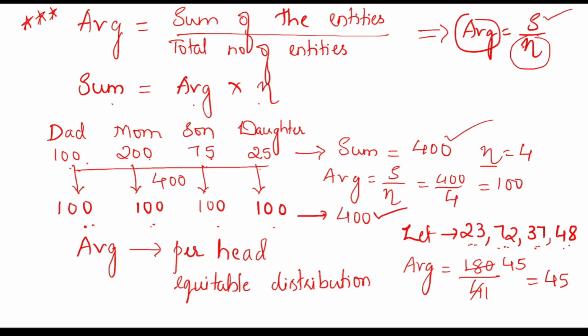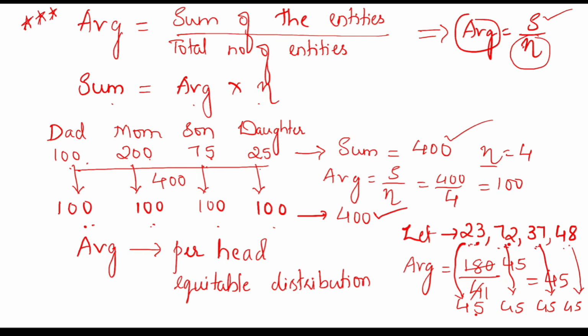Now I can say that 45 is divided among the 4 entities. So now each will have 45, 45, 45 and 45. Now 23 became 45, 72 became 45, 37 became 45 and 48 became 45. That is, 45 is divided equally among these 4 entities.